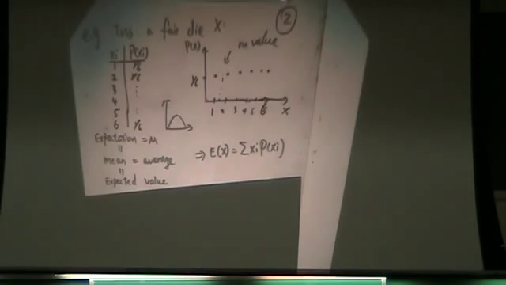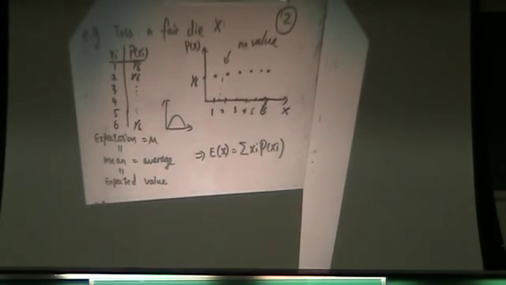The expectation here is mu, and these are three things equivalent to each other. We call it expectation, mu, mean, or expected value. For a discrete random variable, this is the formula for the expectation.